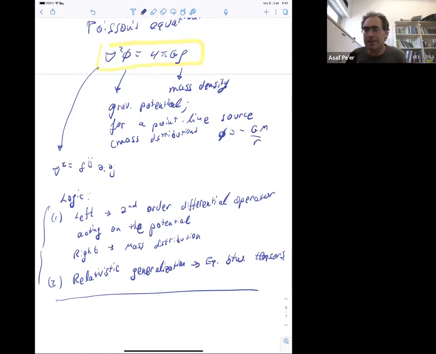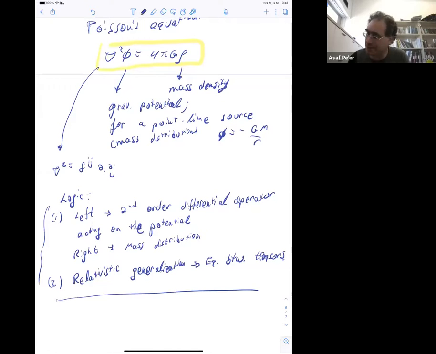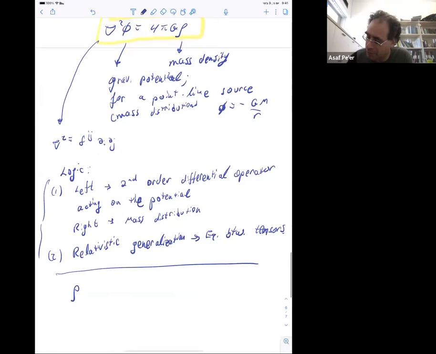So the right-hand side is actually the simpler side. What would be the relativistic generalization of the mass density? The energy-stress tensor, right? So on the right-hand side, rho we would want to replace with some sort of T mu nu. What about the gravitational potential?